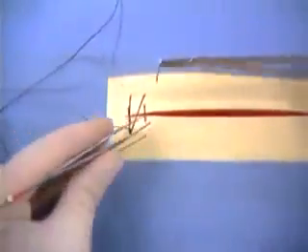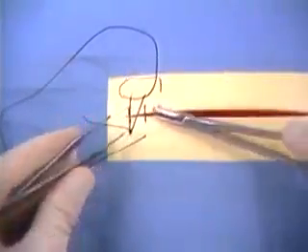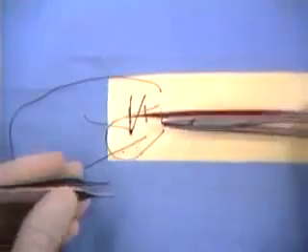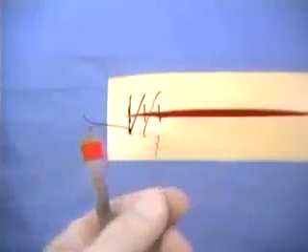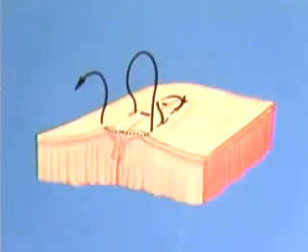The needle is then passed across the incision to the opposite side and is introduced through the serosa and muscularis adjacent to the incision. It is passed out the serosal surface perpendicular to the incision line and advanced in an identical continuous manner. If the suture is pulled tautly, the pattern will invert. This illustration shows a completed and tightened Lembert suture pattern.